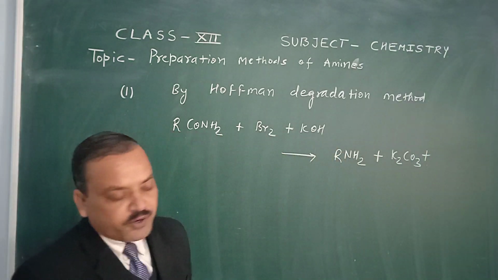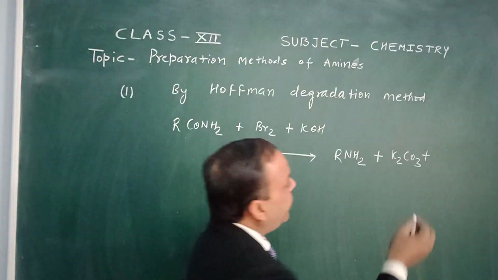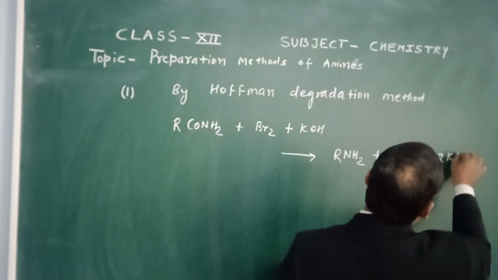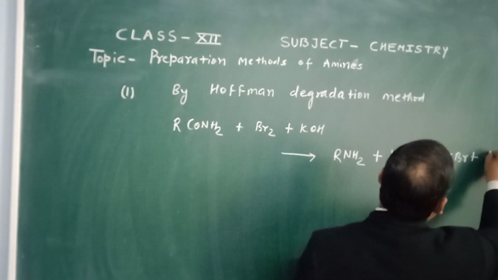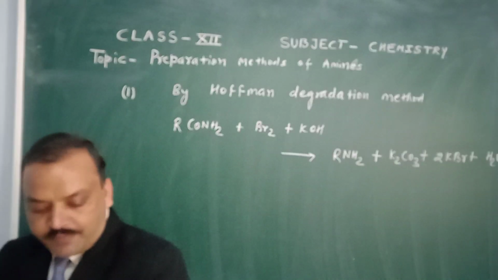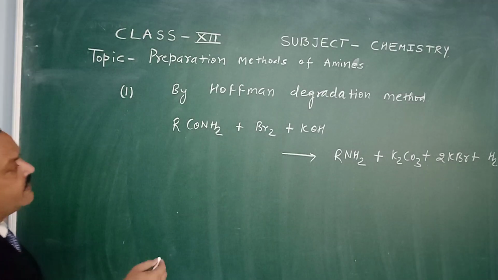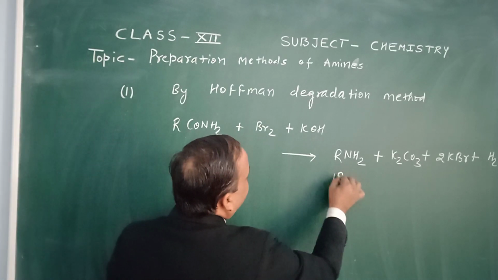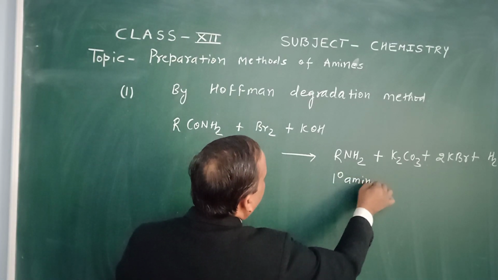Other additional products, twice KBr and H2O, will form in this type of reaction. This is the 1-degree amine which is formed.